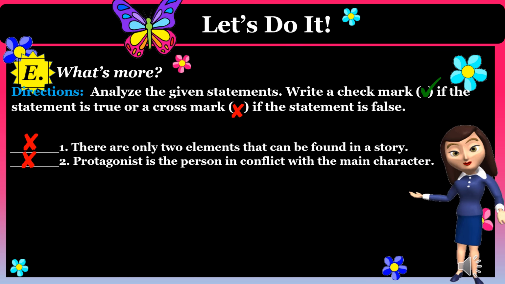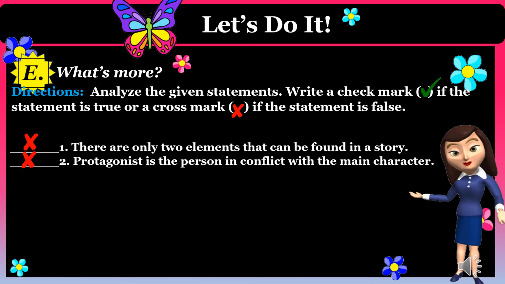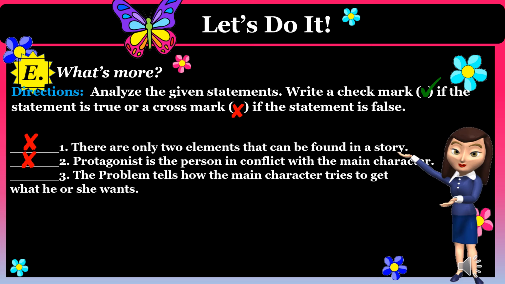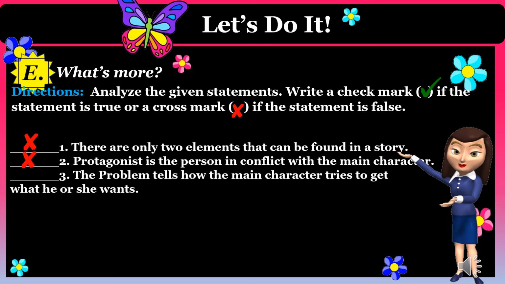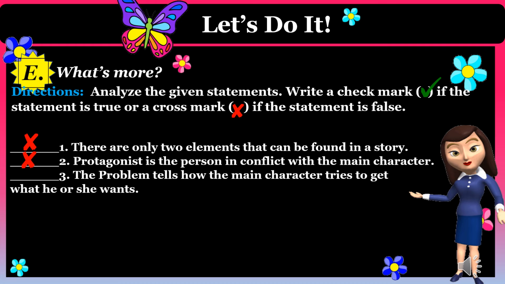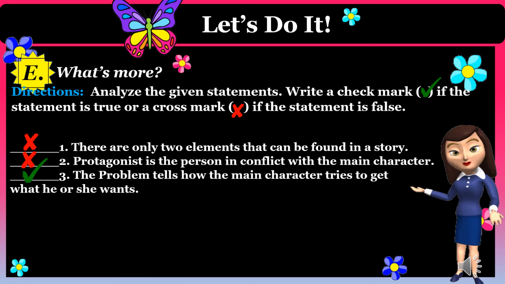Because the person in conflict is what we call the antagonist. Okay, good job. Now let's go to number three. The problem tells how the main character tries to get what he or she wants. Yes, that's good job. It's a check mark.